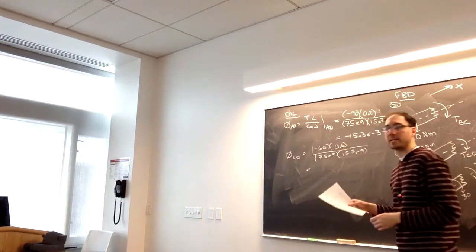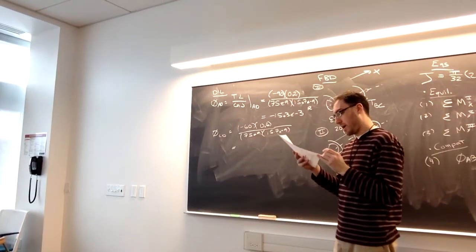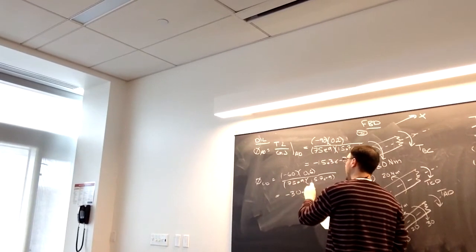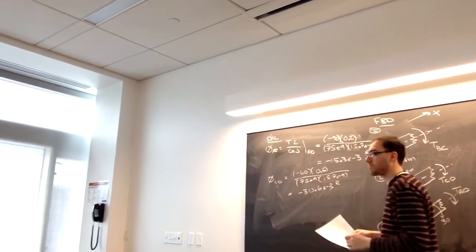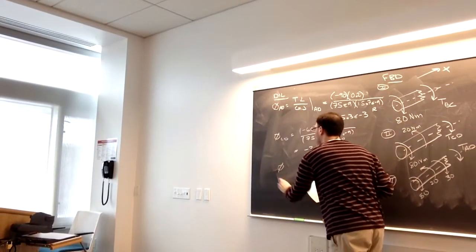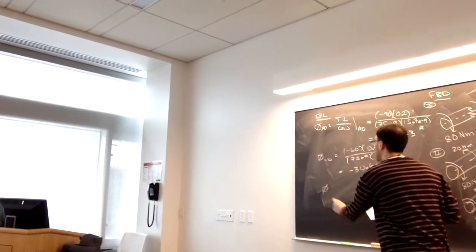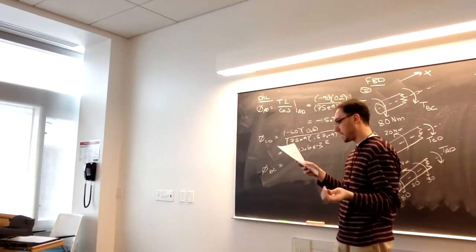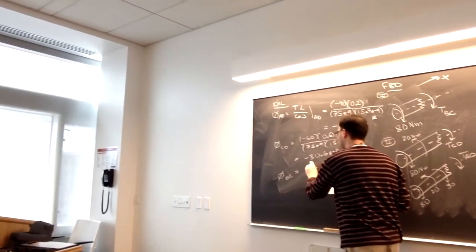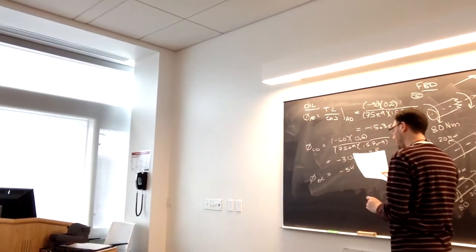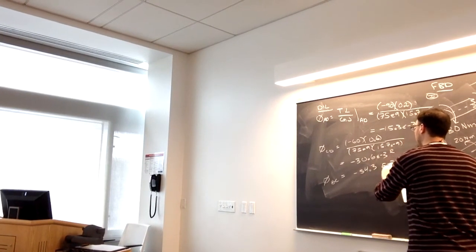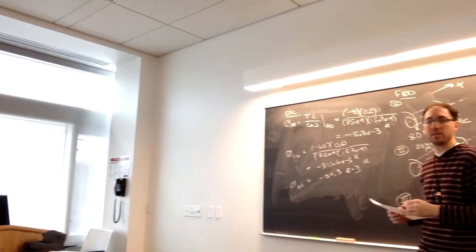So the angle of twist in CD, I get negative 30.6 times 10 to the negative 3rd radians. And for BC, I do the same thing. I won't go through all of the details in this one, but negative 54.3 times 10 to the negative third radians.